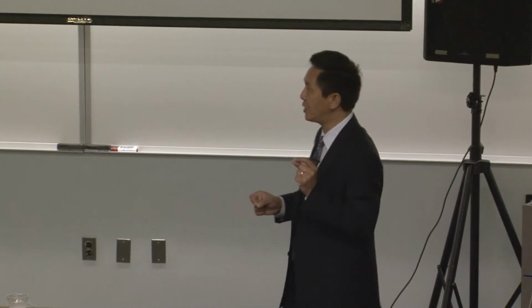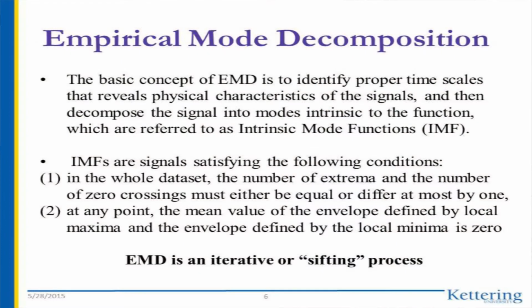Those functions are called IMFs, or intrinsic mode functions, which satisfy two basic conditions. Number one, in the whole data set, the number of extrema and zero crossings must be equal or differ by at most 1.